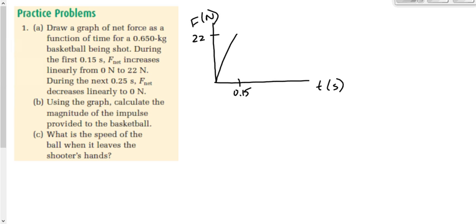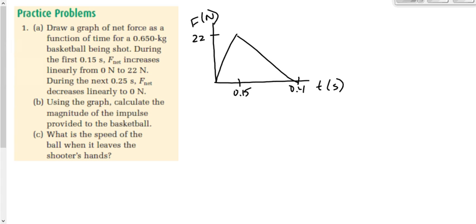I go up from 0 to 22 newtons in 0.15 seconds. Then I go back down to 0 newtons in 0.25 seconds. What's this time going to be over here? 0.4, right? Because 0.25 and 0.15 is 0.4. So it's going to look like this. There's my sketch of a graph.